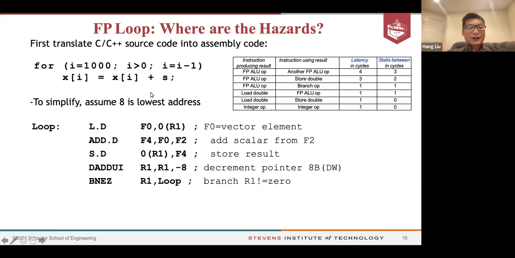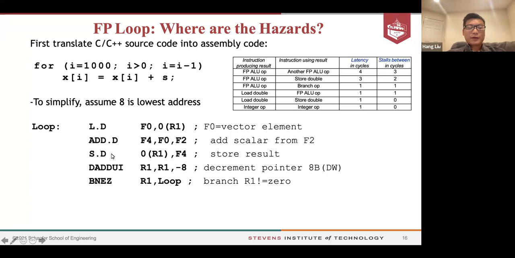So here's the translation of the code. We load xi and put it in f0, loading a floating point. Then we add xi and s, assuming f2 is s, and put the result in f4.